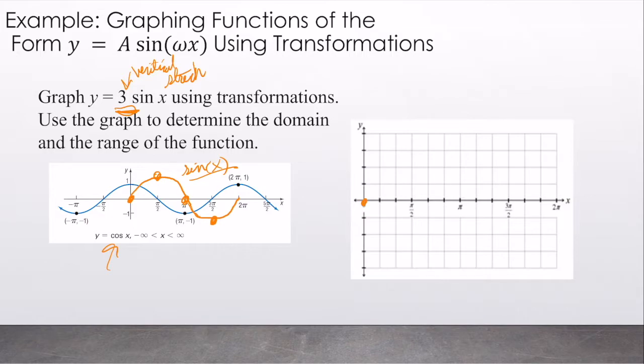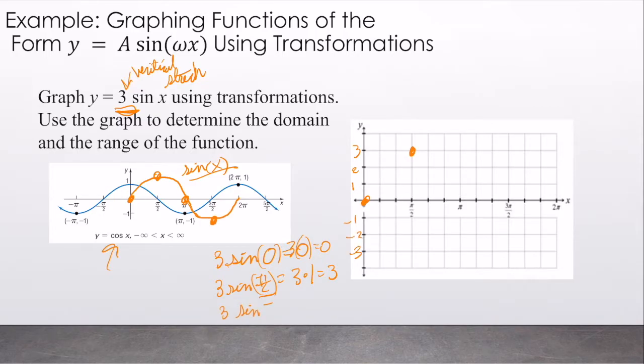So sine of 0 is 0, but if we multiply that by 3, I still have 0. If I want to know 3 sine of pi over 2, well, that's going to be 3 times 1, which is 3. So at pi over 2, I've got 3. 1, 2, 3, negative 1, negative 2, negative 3.